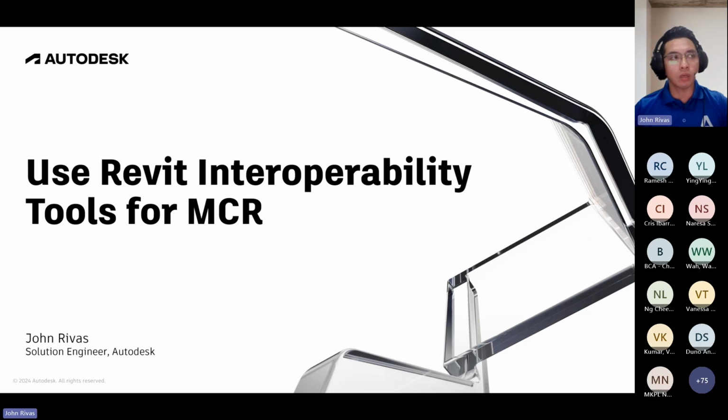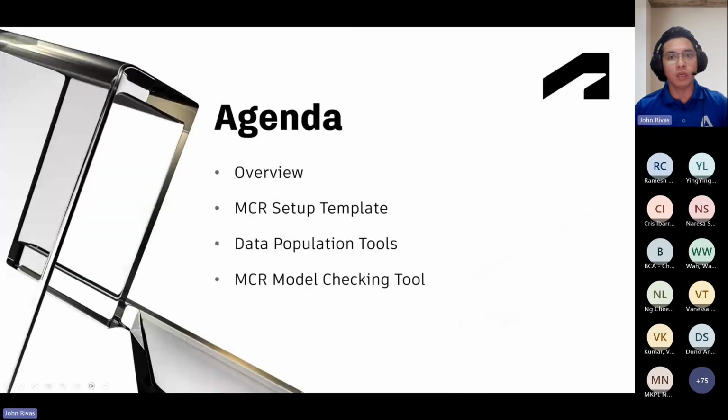So just a quick agenda of what I'm going to cover today: the tools that you can leverage, then how you can use those tools to follow a certain process or guidelines on how you can set it up for your projects, how you can fill in that information, and then finally you can do it for checking purposes, all within the Revit interface.